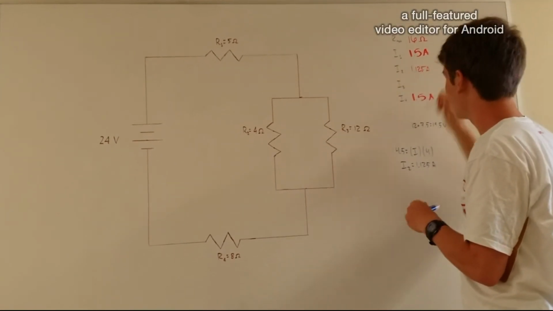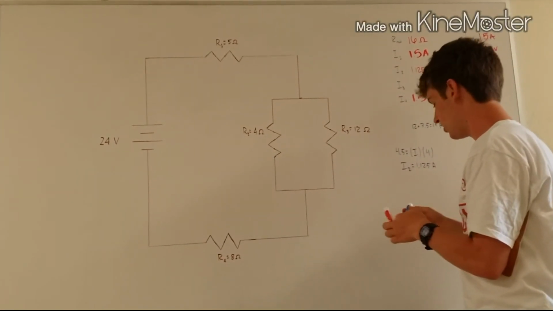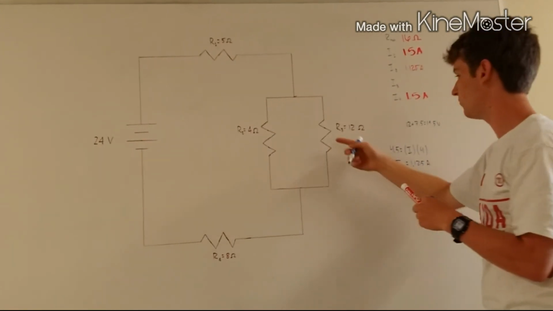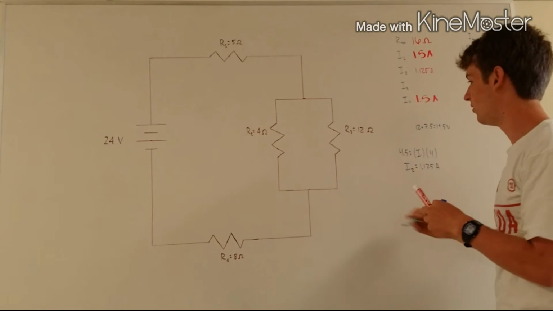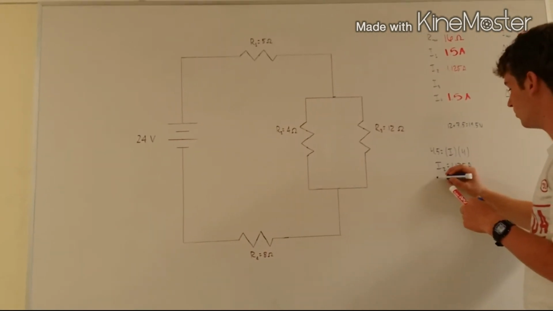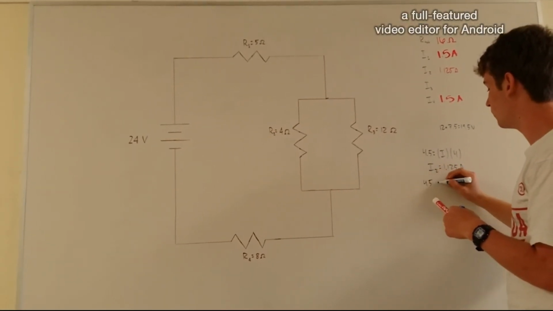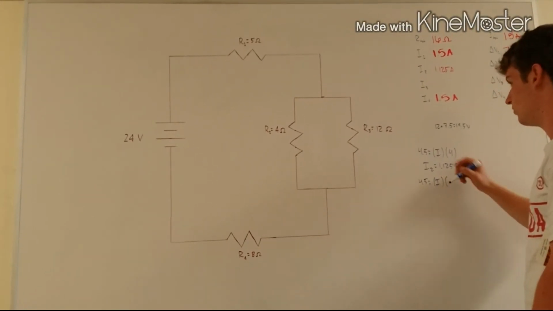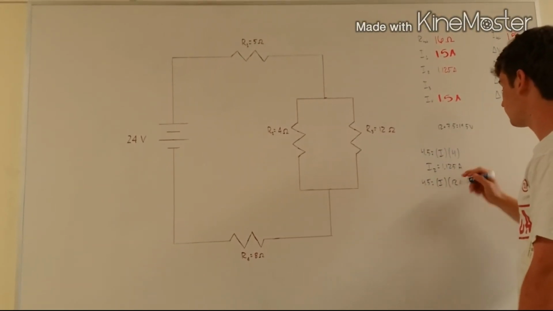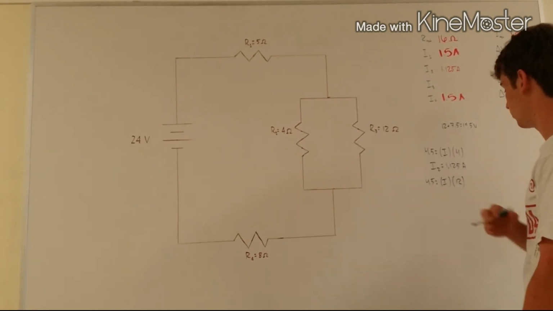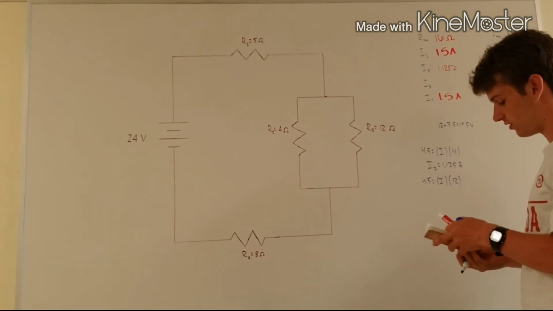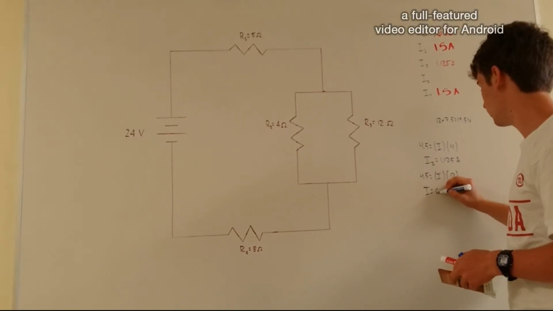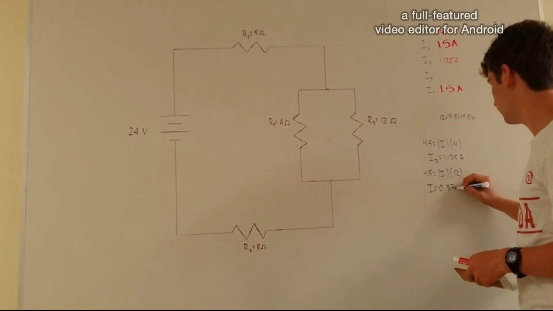Using the same law, Ohm's law, we can find the current across the third resistor. So the voltage is the same, 4.5 equals I times the resistance, which is 12. 4.5 divided by 12 is 0.375. So the current is equal to 0.375 amperes.